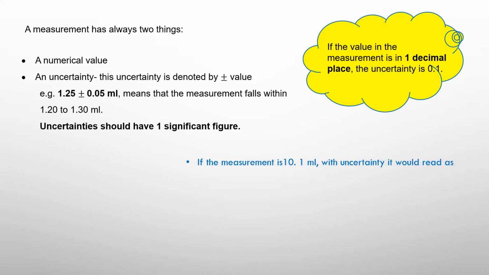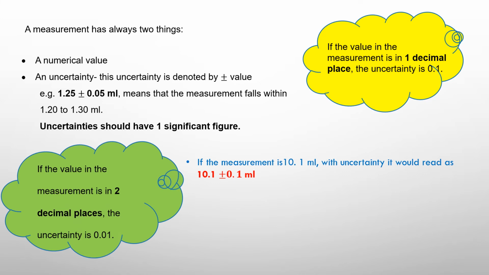So let's say, for example, there is a reading which reads as 10.1 milliliters. Now 10.1 has one decimal place. So the uncertainty should have one decimal place, and this will be 10.1 plus or minus 0.1 milliliters. If the value in the measurement has two decimal places, then the uncertainty will also have two decimal places, and that will be 0.01.